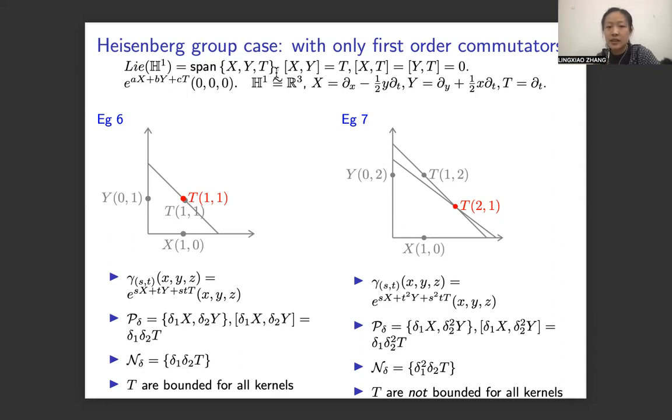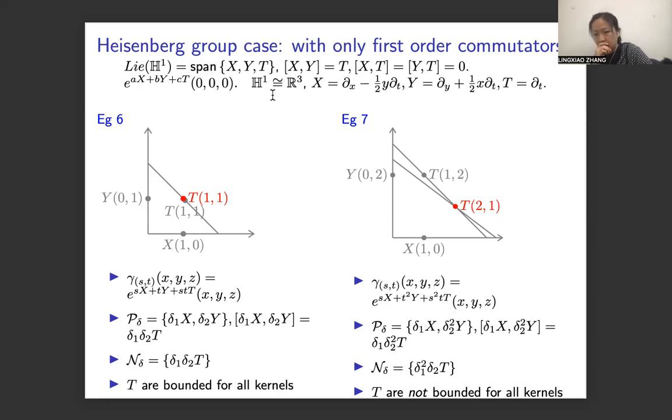And these X, Y, T need to satisfy the following relation: the commutator of X, Y is equal to T, and the commutators of X, T and of Y, T are both 0. So this means that every point on the Heisenberg group can be written in exponential form, with the exponent being a linear combination of X, Y, T with constant coefficients, and with base point the origin.